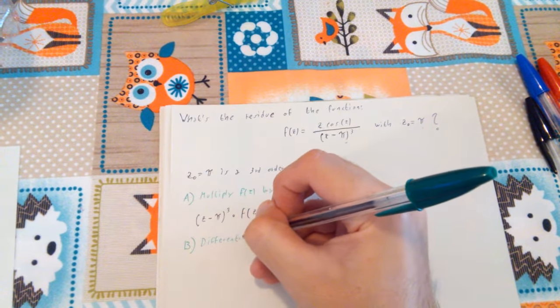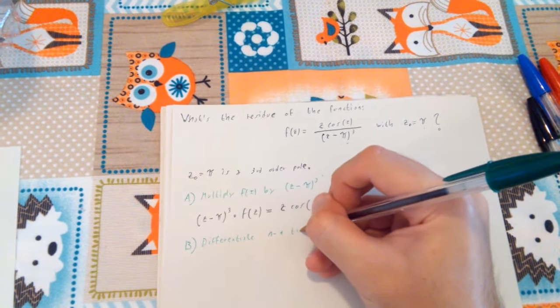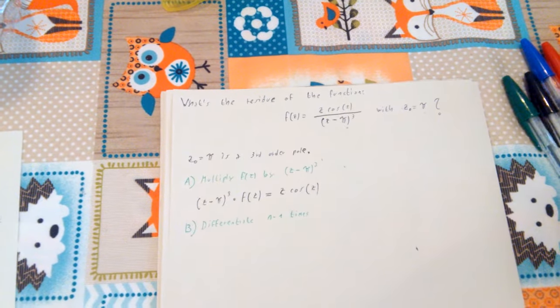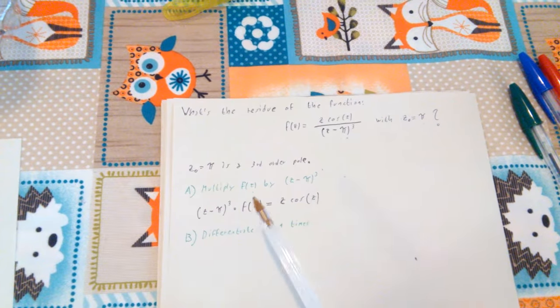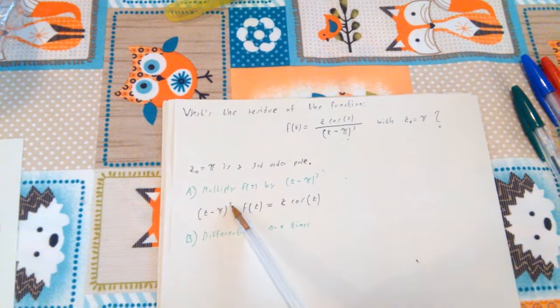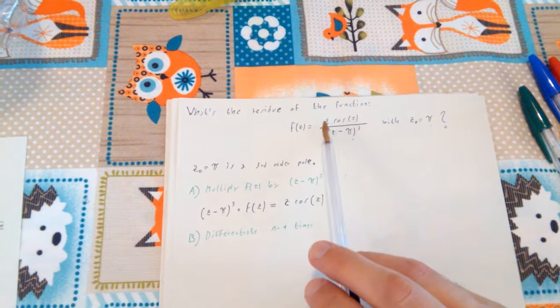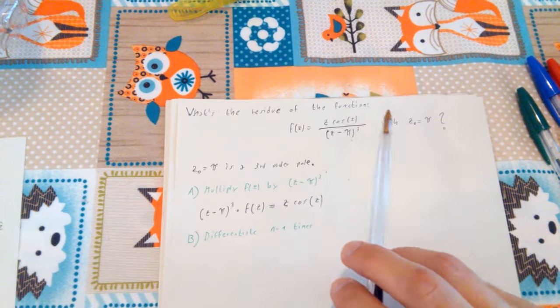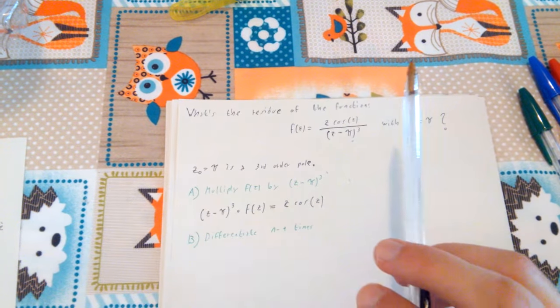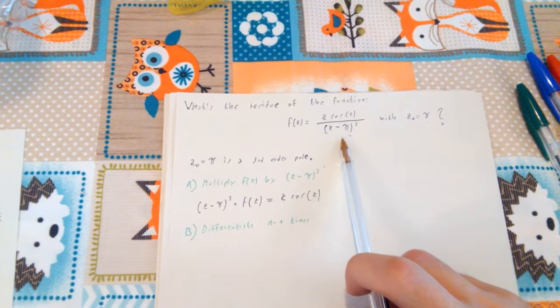Now point 2, so point B. Differentiate n minus 1 times. So what does it mean? Well, it means that z minus pi cubed is a third order pole, because we said that the numerator doesn't contribute to the fact that there is a pole at z equal to pi, and it's only the denominator that contributes.